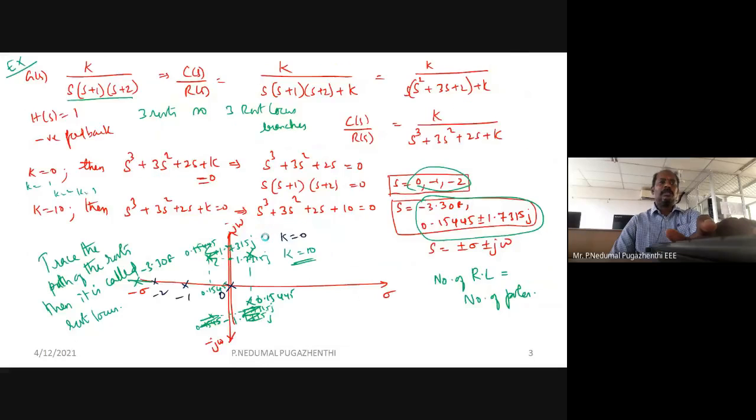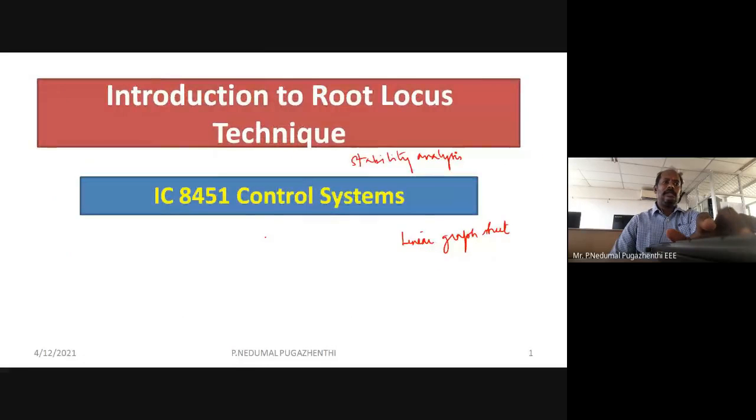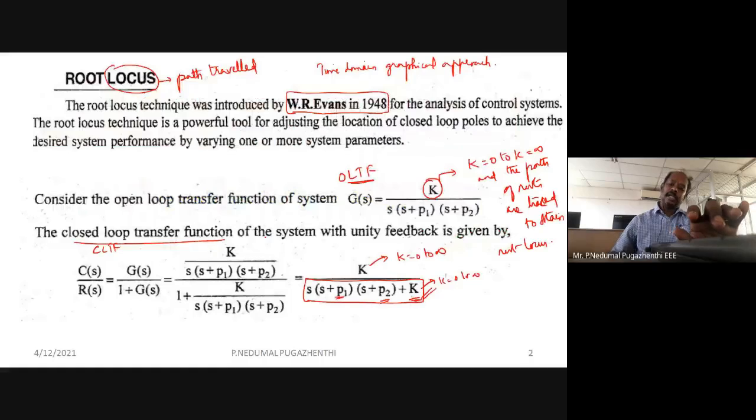We will see the steps involved in drawing the root locus in the next class. Meanwhile, if you have doubts in today's lecture, you can ask me. Any doubts? Hello? Right. So probably in the morning class, I will start with the steps involved in the root locus.